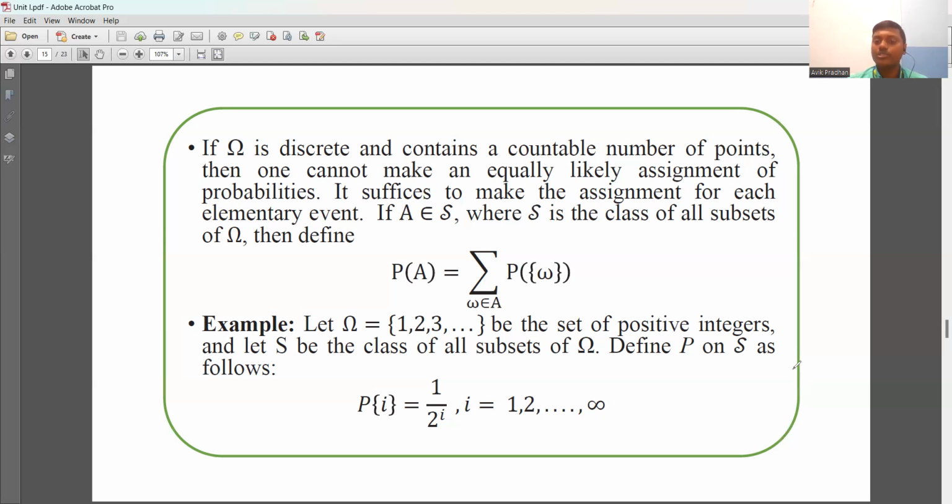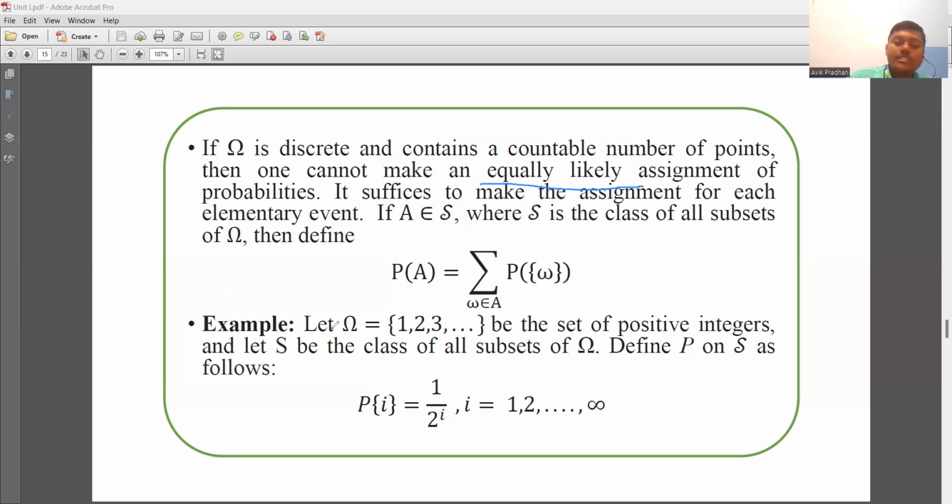So here we are not assuming the equally likely concept that we had in the classical approach. This equally likely assignment we are not considering in this case. For example, suppose I have omega, which is a countably infinite set, 1, 2, 3, 4, 5, 6, up to infinity. It is the set of positive integers or natural numbers.